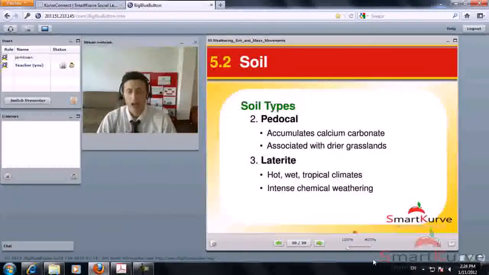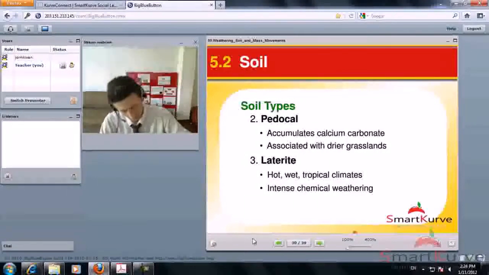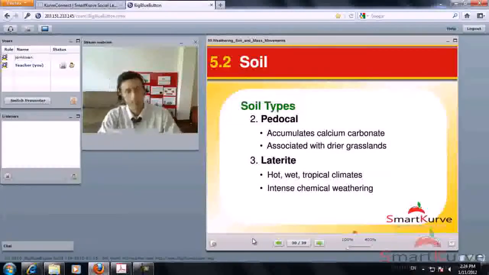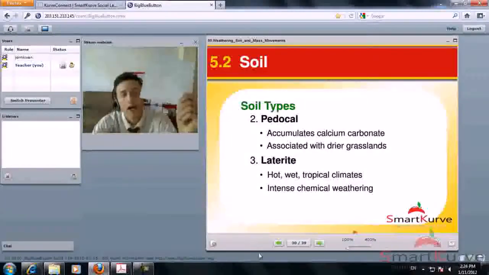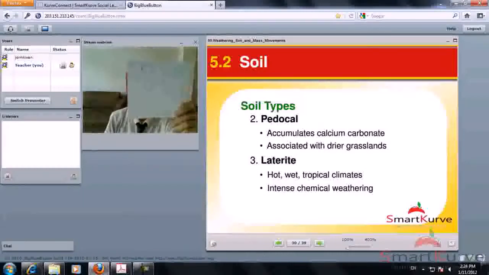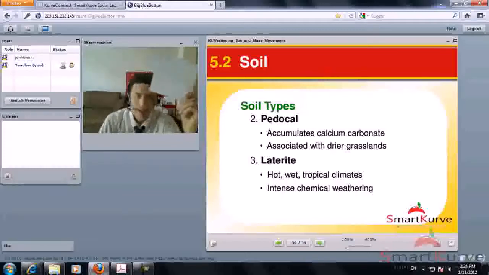The next type, pedocal, is an accumulation of calcium carbonate. Remember from our unit on minerals that calcium carbonate, which is CaCO3, is what we find in minerals like limestone, as well as chalk and metamorphic rock like marble.